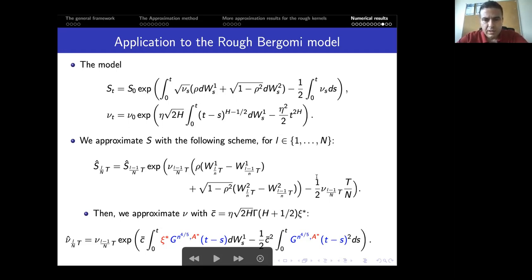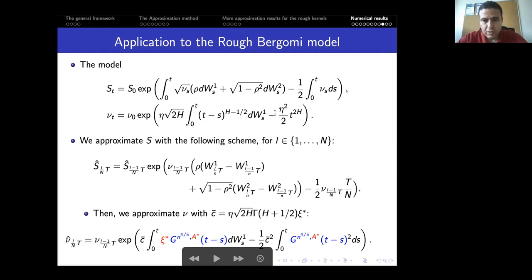There is another additional trick we used that improved our approximation: instead of keeping this coefficient constant, we use the approximation here so that this exponential remains an exponential martingale.